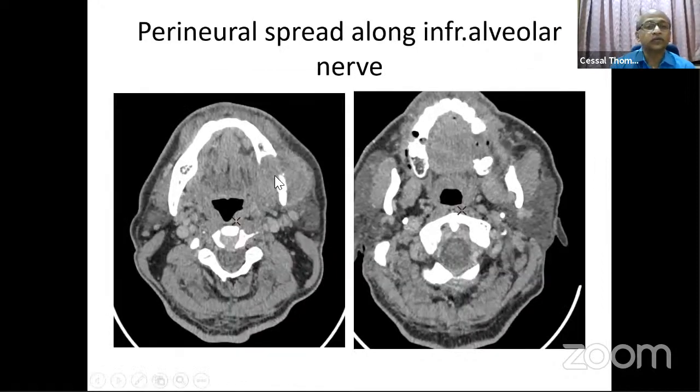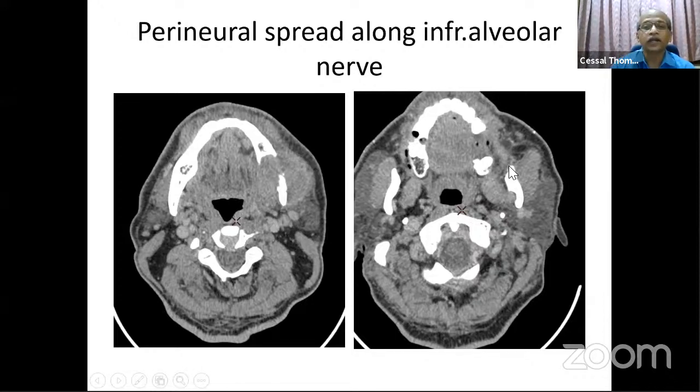So here we are seeing a lesion in the lower gingiva. There is alveolar process destruction, and the body of the mandible is also destroyed. So there is likelihood of the inferior alveolar nerve getting involved.